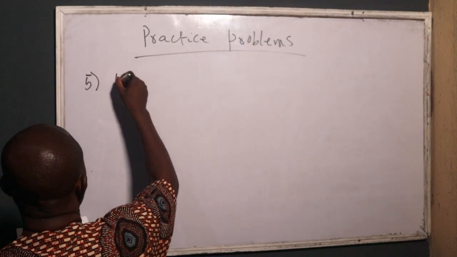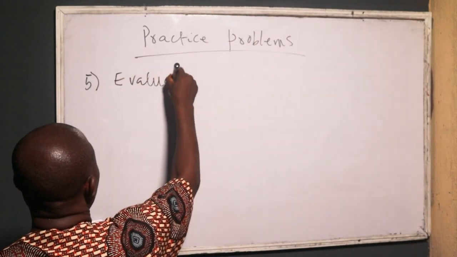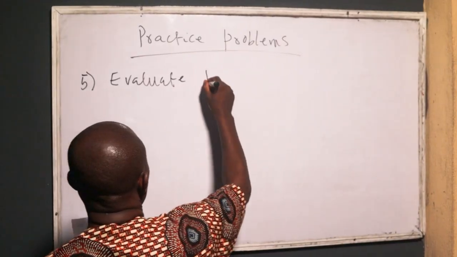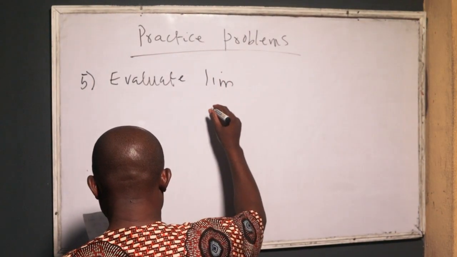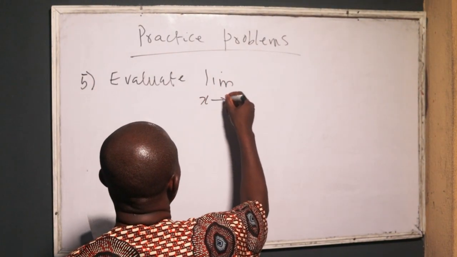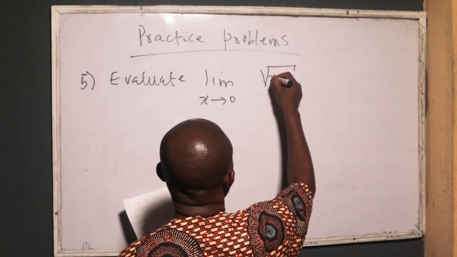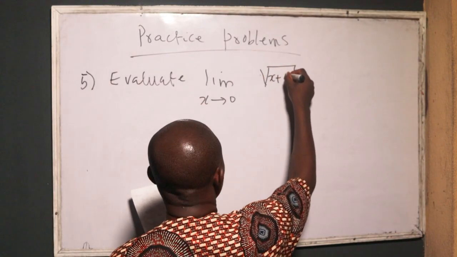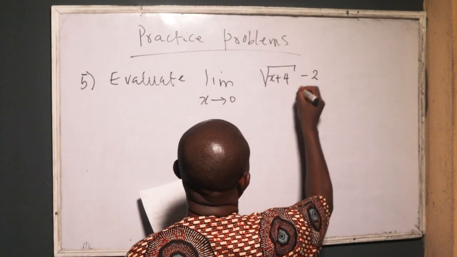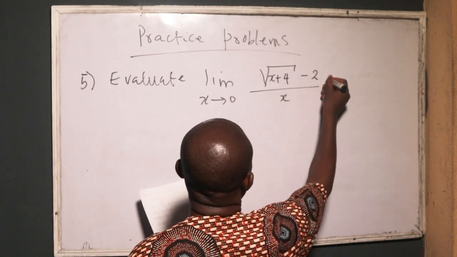Number 5 says evaluate the limit as x tends to 0 of the square root of x plus 4 minus 2, divided by x.